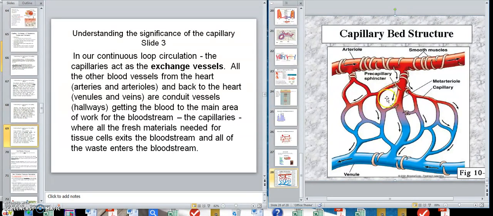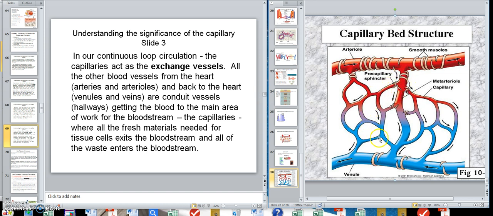So the precapillary sphincter would relax a little bit, so you'd go up in this area to deliver here. These other precapillary sphincters would stay fairly closed. That means I would deliver here and not here.